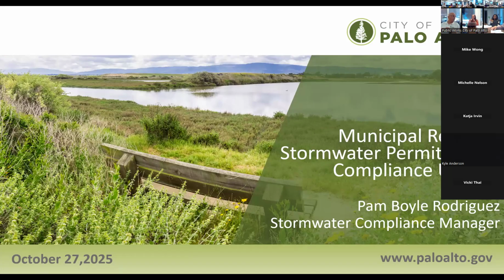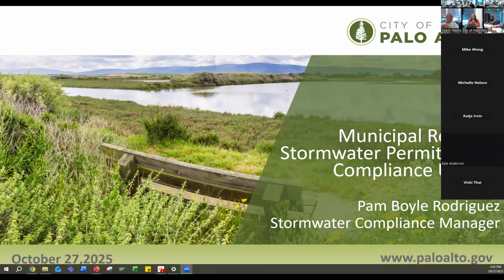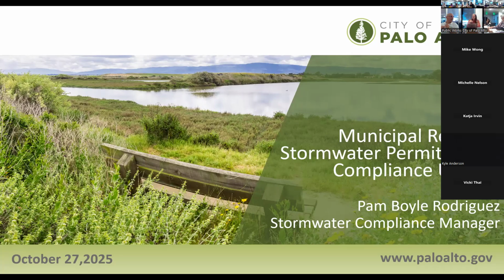All of our NPDES permits that impact us, the treatment plant and all the municipal regional stormwater permits, get issued by the state board, but they get basically audited by the EPA before they get issued. So we are protected from weird things that happen at the federal level, but we are impacted by the federal level. Our NPDES permit for the treatment plant, we can have a conversation after this.